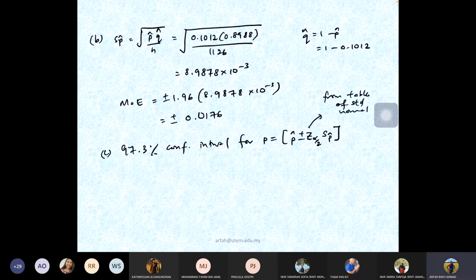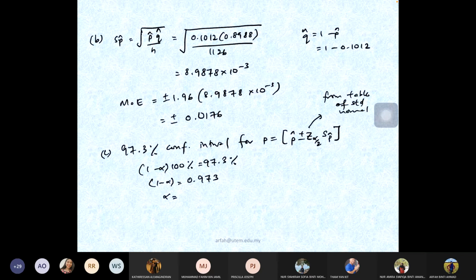So take a look berapa dia punya alpha. 1 minus alpha equal to 0.973, alpha akan sama dengan 1 tolak 0.973, which is 0.027, kan?